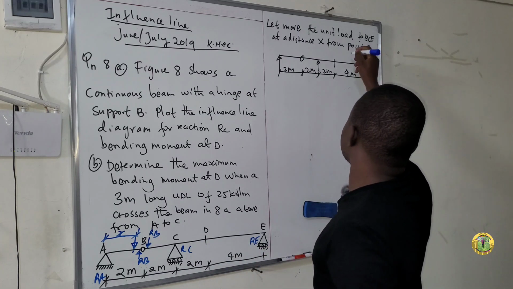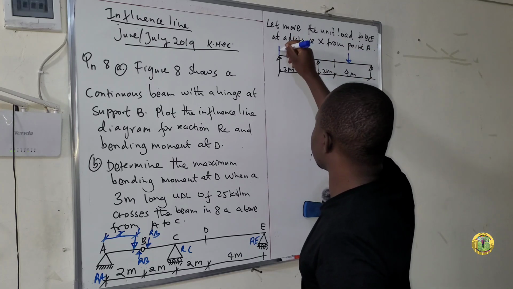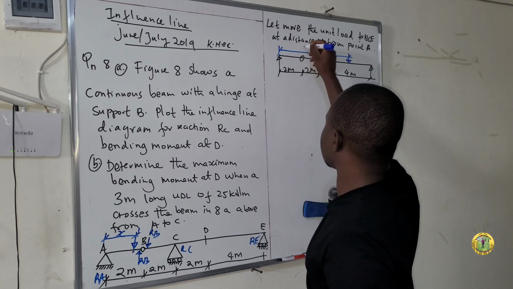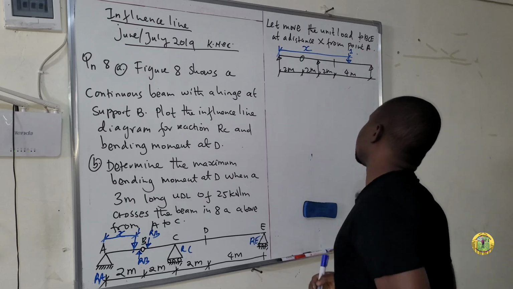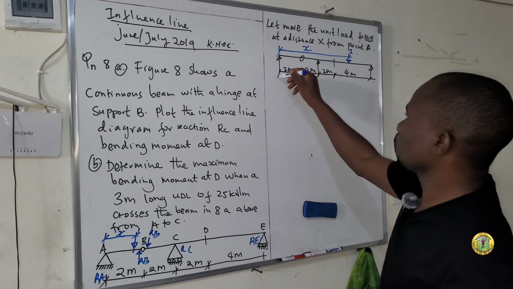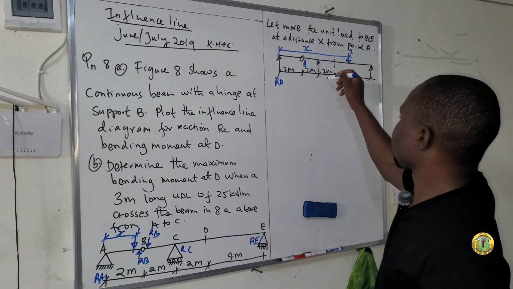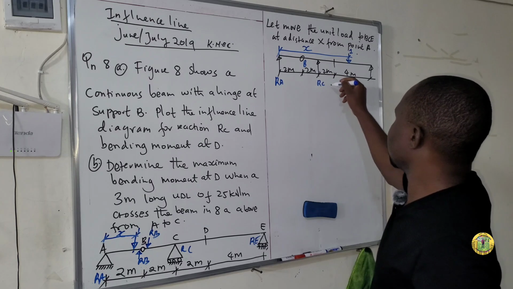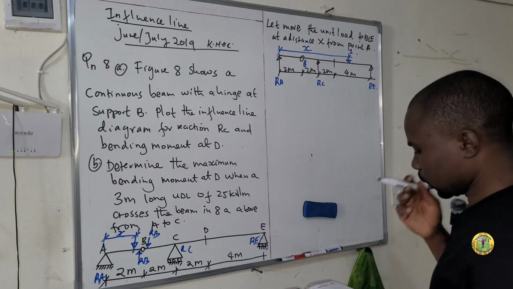Now the load is here, and this will be the distance X. Remember, the load is 1 unit load. So this is RA, this is point B, this is RC, and this is RE, like that.